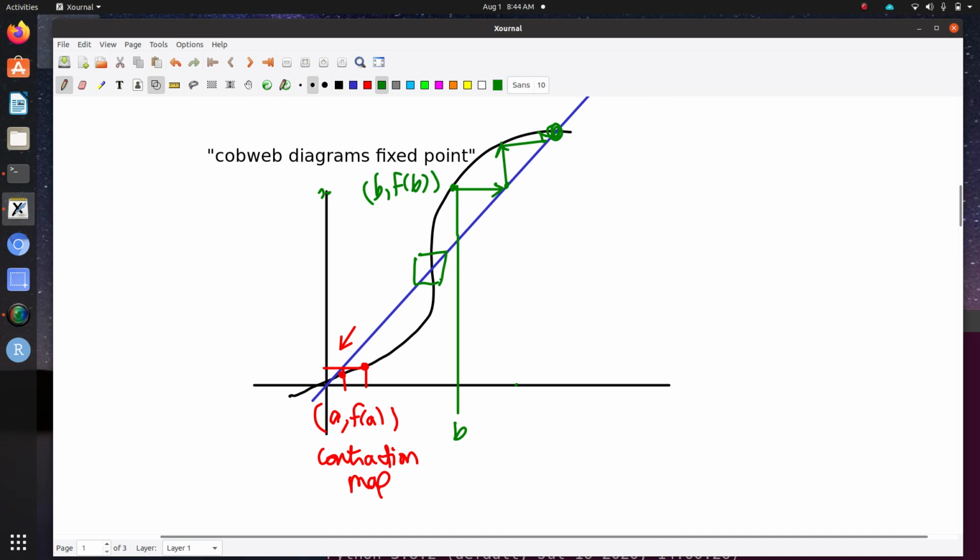And why is that? Well, over here we have another contraction mapping. So in this local vicinity, f of x is a contraction mapping, and in this local vicinity, f of x is not a contraction, it's expanding. I don't know if there's a term expanding map or not, but it's not a contraction map. It's expanding.